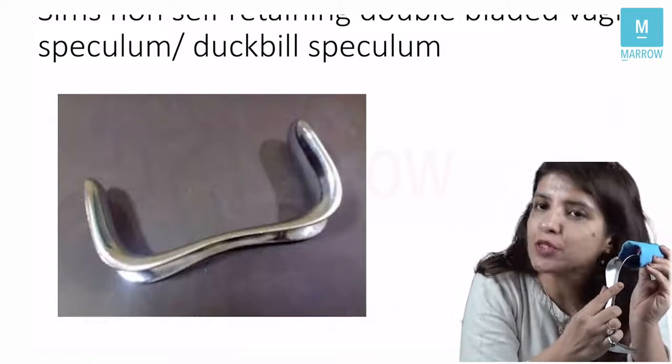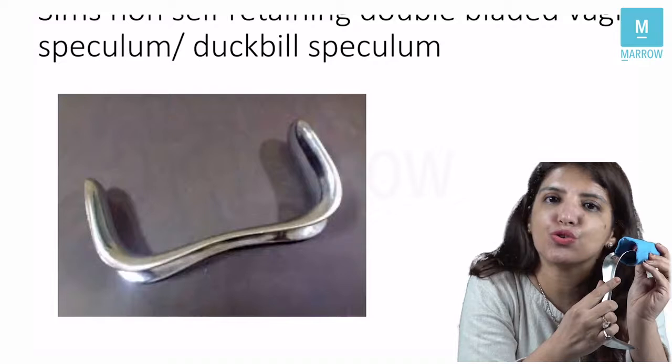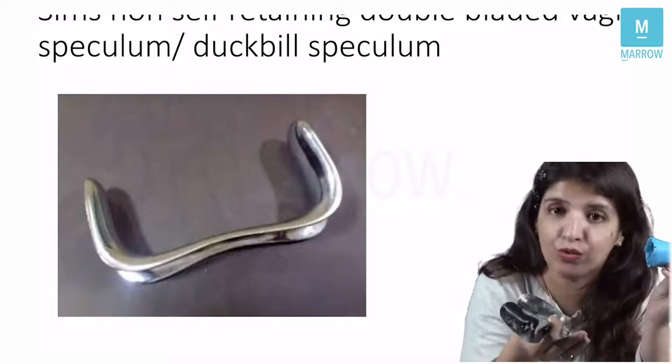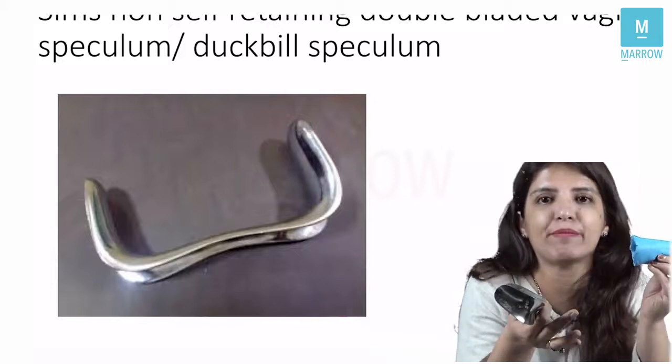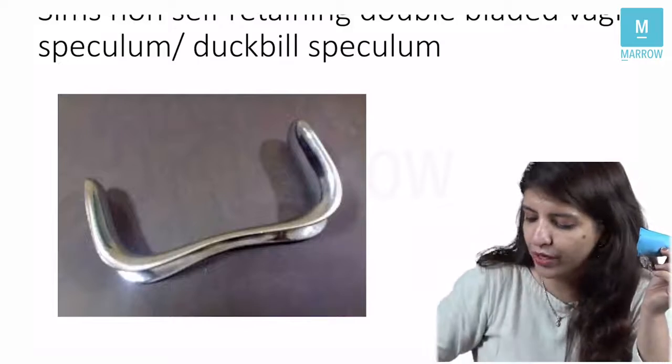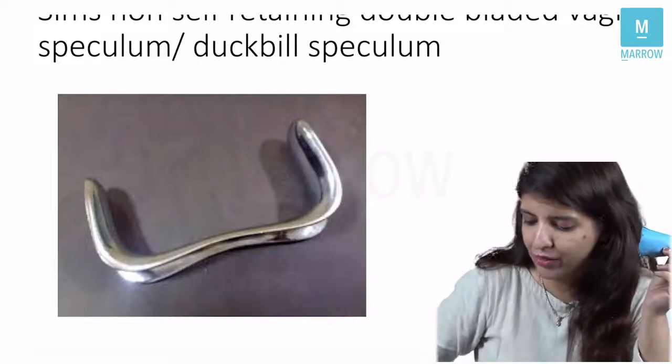So this Sims speculum, where is it used? It is used whenever you have to examine the cervix. For any reason, if you have to examine the cervix, you will have to retract the posterior vaginal wall and you are going to use this Sims speculum there.